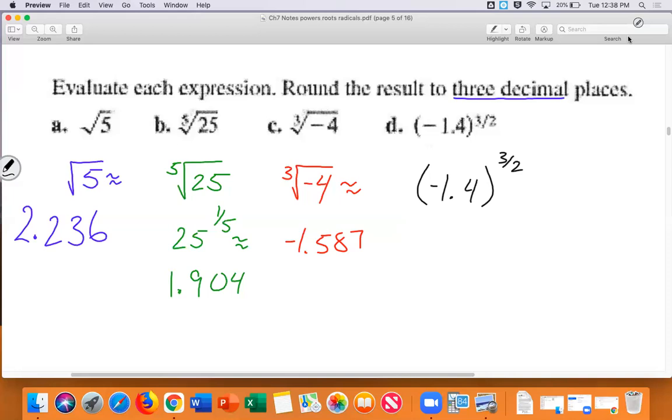Now, here's why, Leah, we can't just type it in on the calculator. If we rotate that down, right, it's the square root of -1.4, right? We can't take the square root of a negative number on the calculator, but we can in real life, correct?